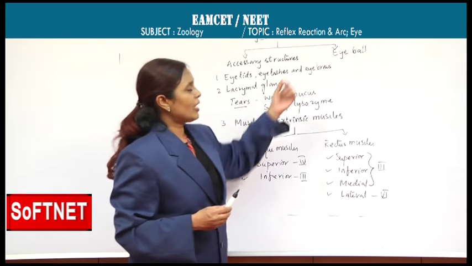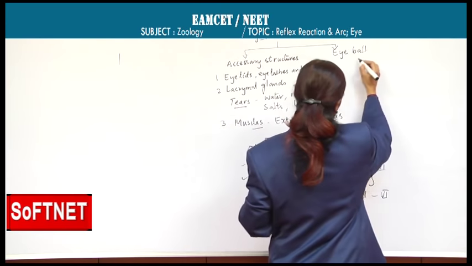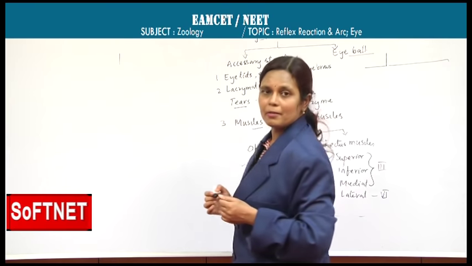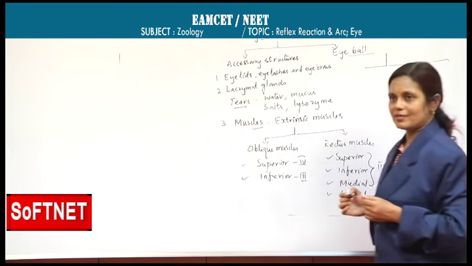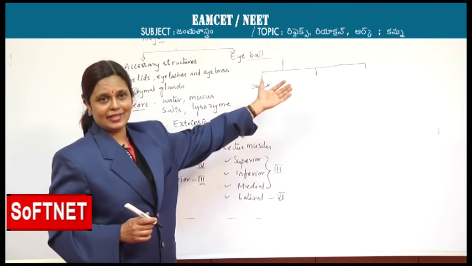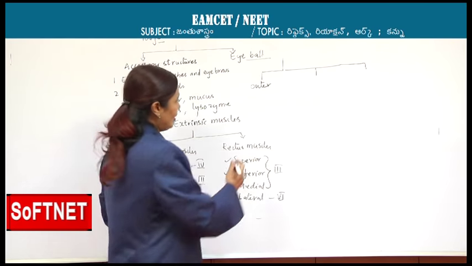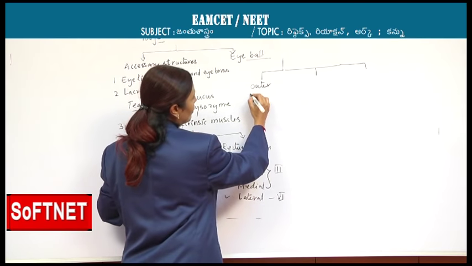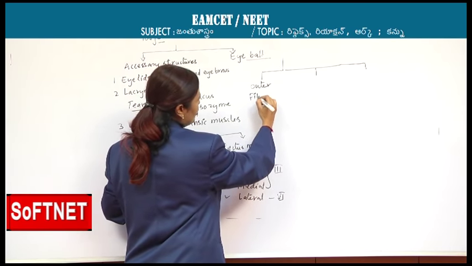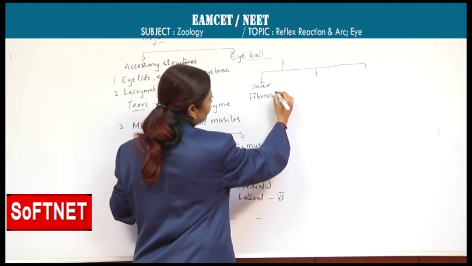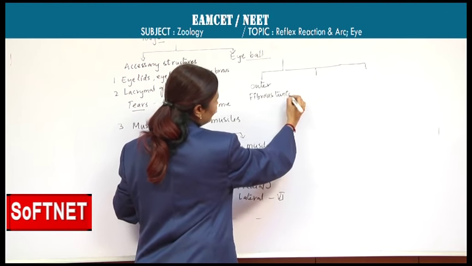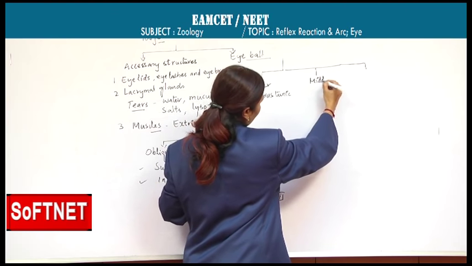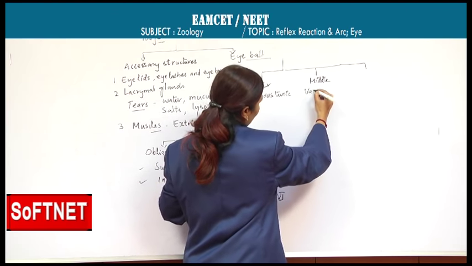Then when we come to the structure of the eyeball, the wall of the eyeball is basically made of 3 layers. The 3 layers from outside to inside are outer fibrous tunic, middle vascular tunic.